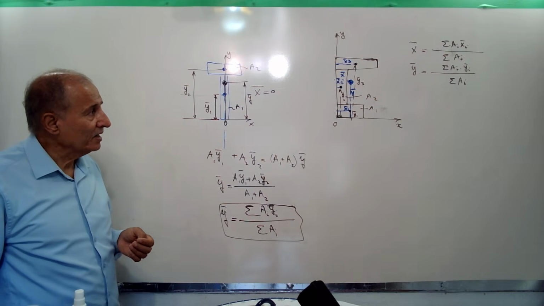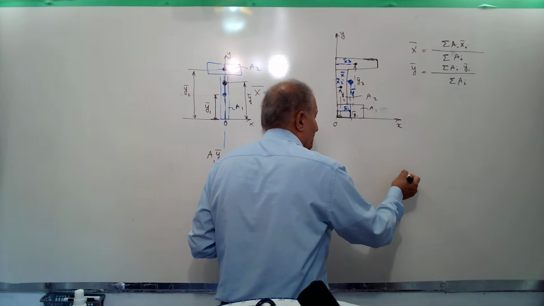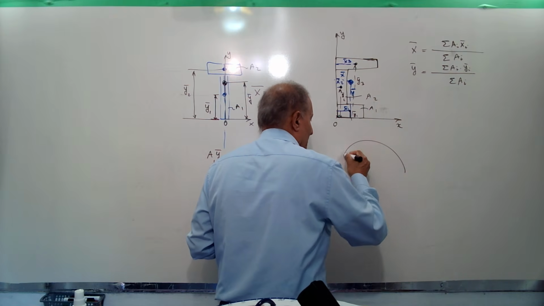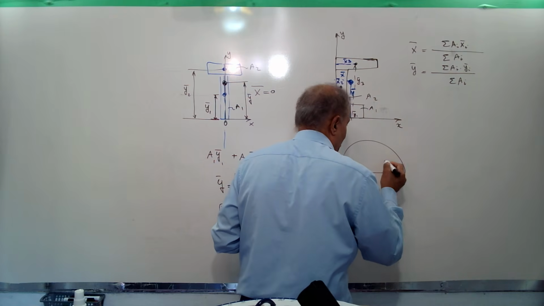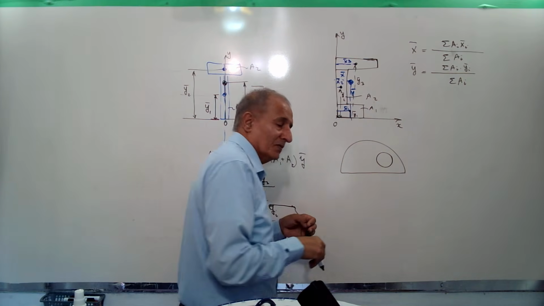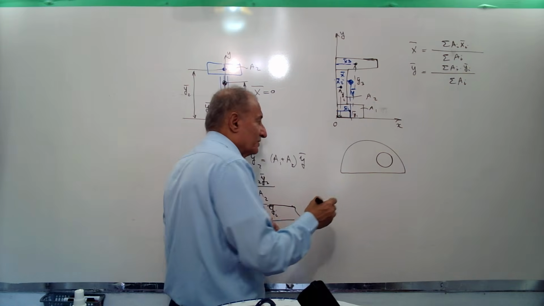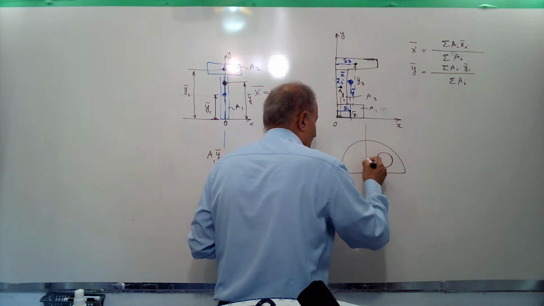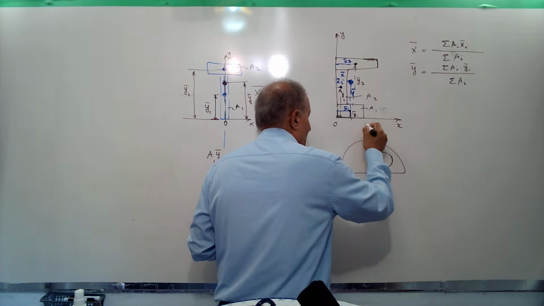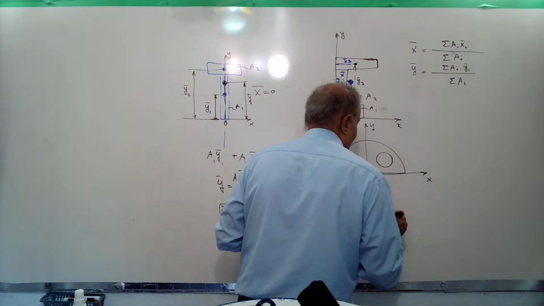What happens if we have a hollow cross section like this one? You have a cross section like this. Then there is no axis of symmetry. You can assume the origin here, and this is x.